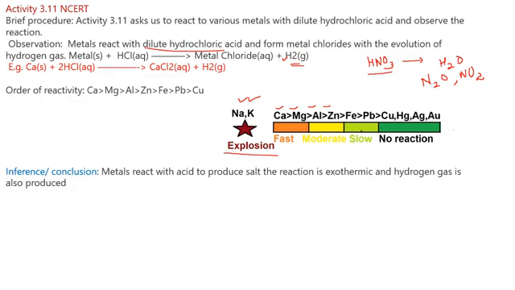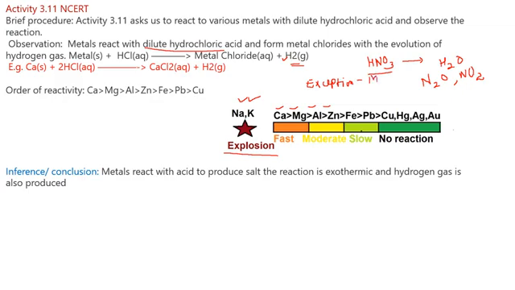But here also there is an exception, and the exception is magnesium Mg and manganese Mn, which react with very dilute HNO3 to evolve H2, hydrogen gas.